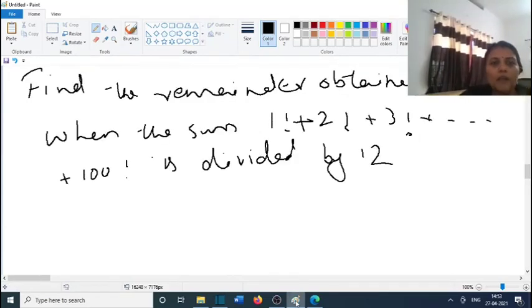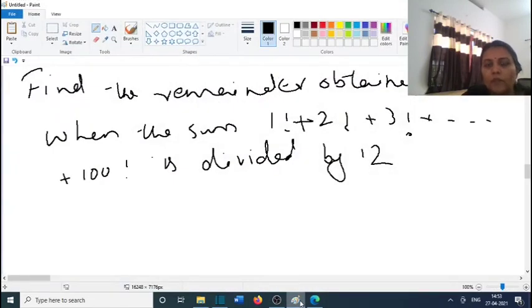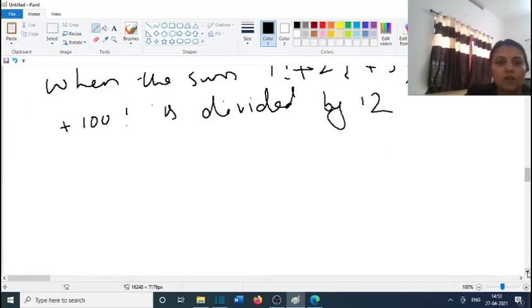Next problem, find the remainder obtained when the sum 1 factorial plus 2 factorial plus 3 factorial plus etc. plus 100 factorial is divided by 12.